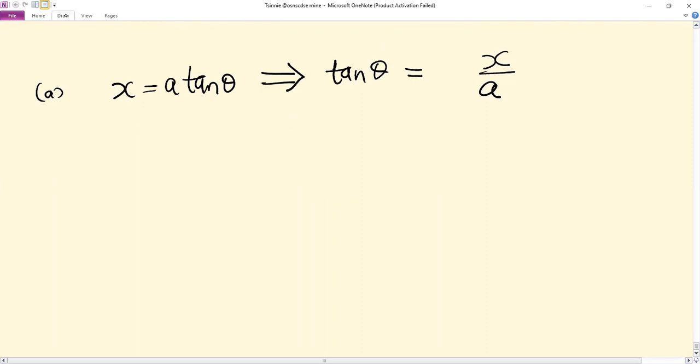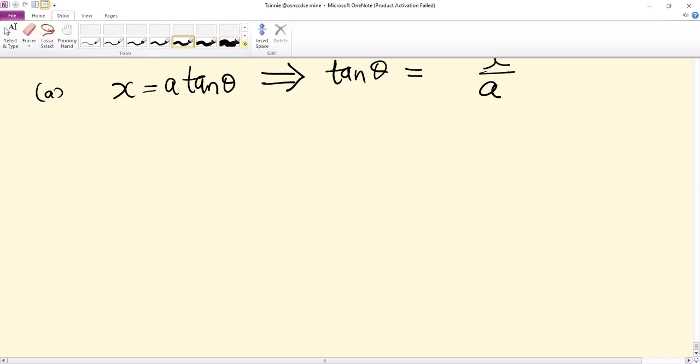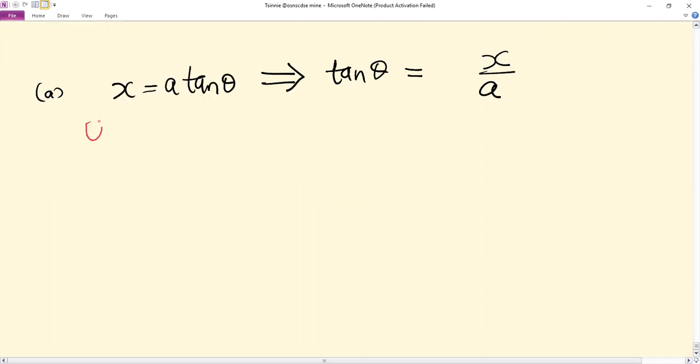And you know from SOH CAH TOA, which is just an acronym to help us remember how to get the trigonometric ratios: sine is opposite over hypotenuse, cosine is adjacent over hypotenuse, and tan is opposite over adjacent.